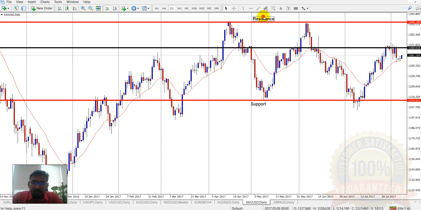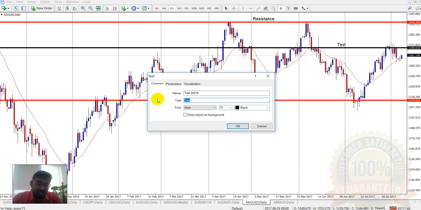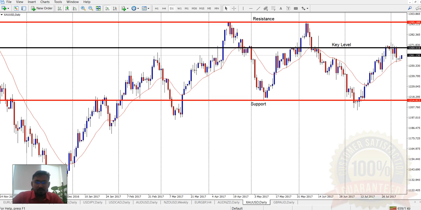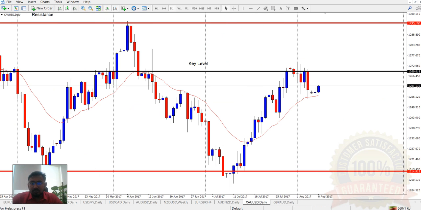But what we do is we identify something called key level, which is very important. Where what I see is price to reach this area not so soon. I do see a correction in gold, where market might pull back up to this area.